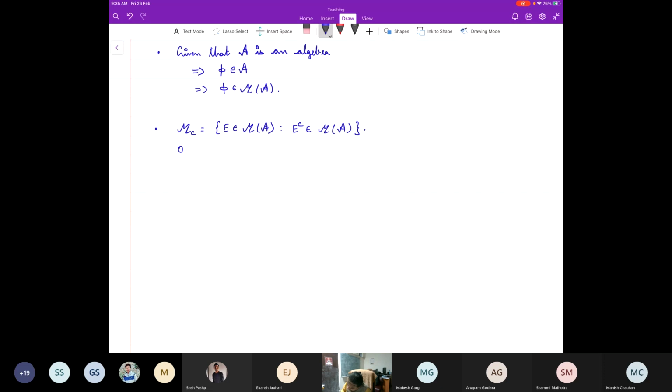Observe that A is contained in MC: whenever E belongs to A, then E complement also belongs to A, and A is always contained in M of A. And hence this MC is non-empty. So I have a non-empty collection.